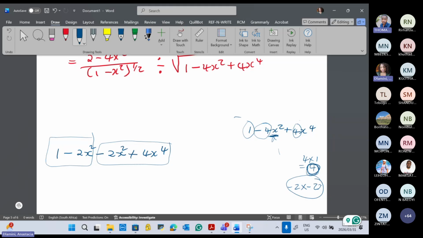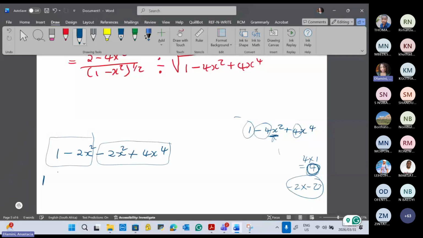So when you factorize 1 minus 2x squared, what is the common factor? It's 1. Well done. You put 1 outside.